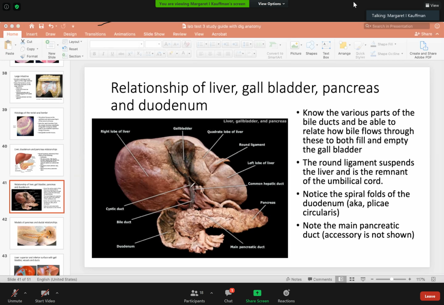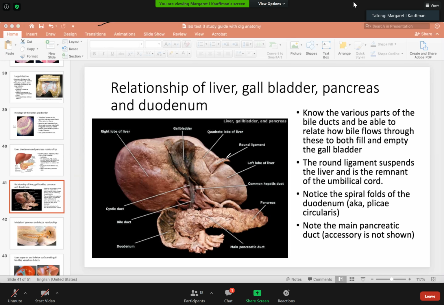So probably the only thing I'd be able to ask here clearly would be the cystic duct. I know this is labeled bile duct, but I can't see where the hepatic ducts are coming in, so I don't expect you to see it either. You do see the main pancreatic duct, and then, of course, just recognizing the organs. This is the duodenum that's been dissected open, so you can see the circular folds in here. There's something else I could ask.